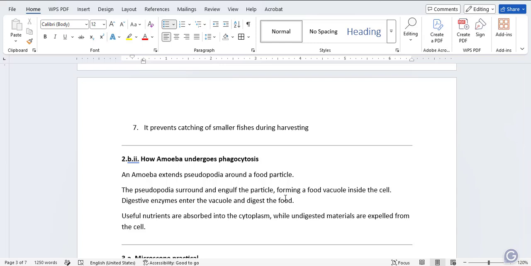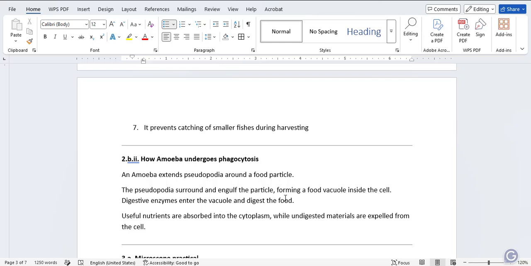Right, then look at 2bii: how amoeba undergoes phagocytosis. So earlier on there was a question relating to exocytosis, how hormones and other materials come out of the cell.